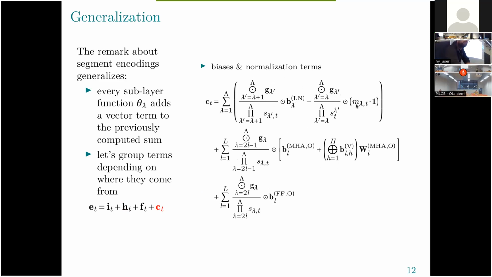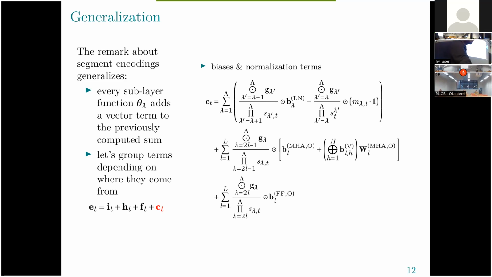Then you also have the mean centering that likewise needs to go through the relevant gains of the relevant layer norms. The second line is everything related to multi-head attention, but likewise you can isolate the biases of these linear projections and just take them out. And for the feed-forward, we can specifically take the bias of the outer feed-forward. Again, with that nonlinearity, we can't really look past simply the outer bias.